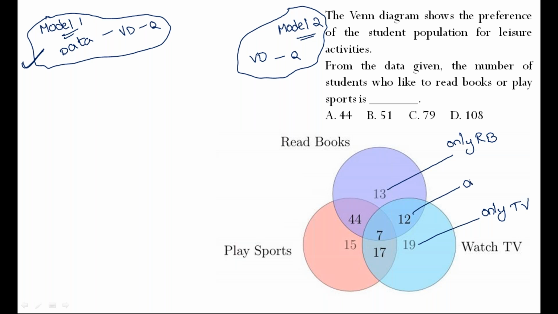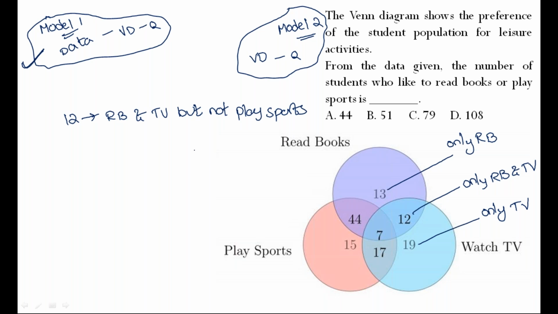Guys, what is this 12? 12, only reading books and watching TV. Guys, all of you just focus. That 12 is nothing but only read books and watch TV. In fact, the 12 can be mentioned as reading books and watching TV but not play sports. We can also say that.